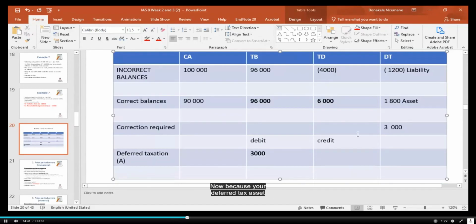Because your deferred tax asset is the one affected by this transaction, you're going to debit deferred tax asset by 3,000, right? And then you are going to credit income tax expense by the same amount.